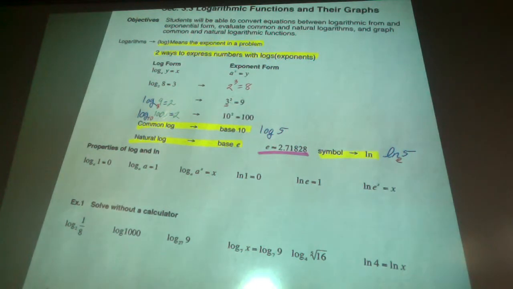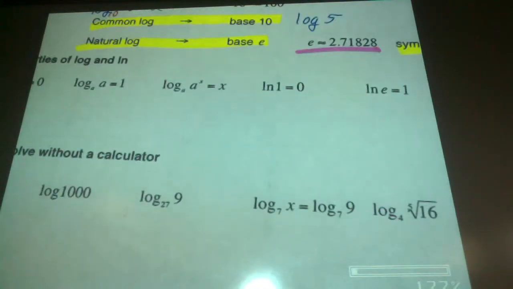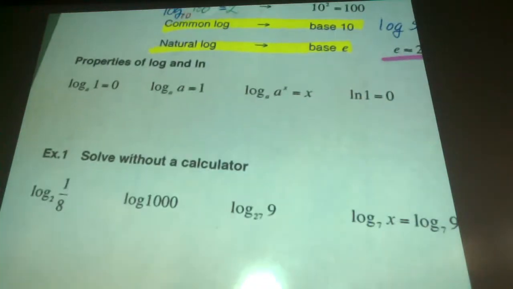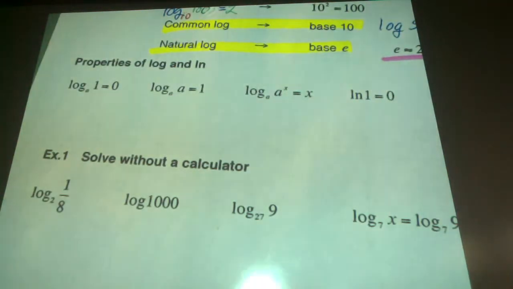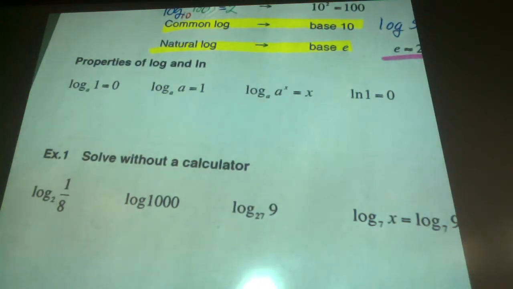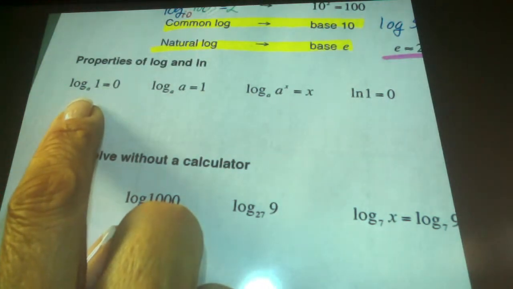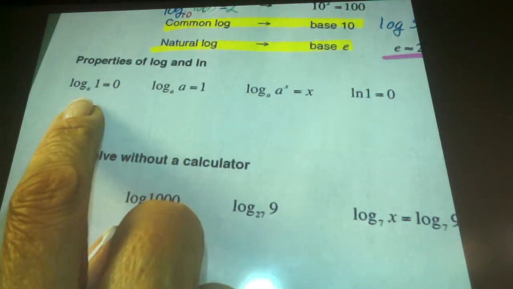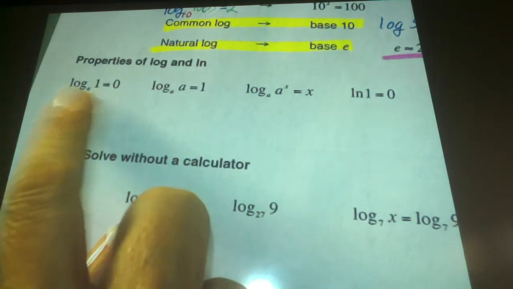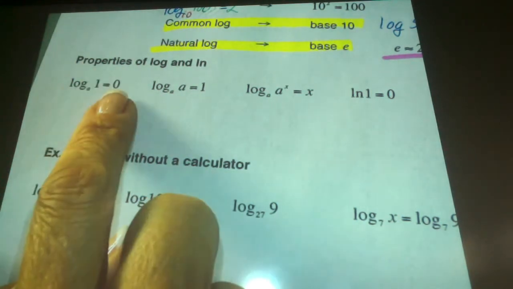So let's look at some properties of logs. These are properties that you want to memorize, and the more you use them, the better you're going to get at them anyway. And to prove them, I'm going to take them out of log form and put them into exponential form. But anytime we have the log base anything, it doesn't matter, 10, 50, whatever, if 1 is right here, if we're taking a log of 1, 100% of the time the answer is 0.